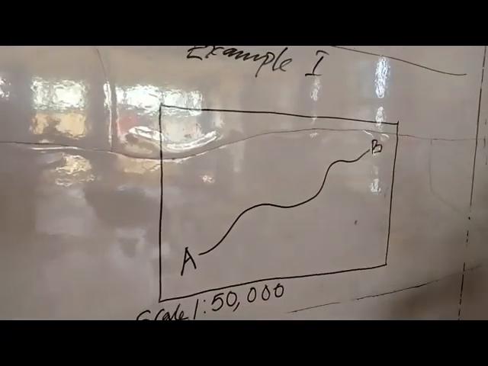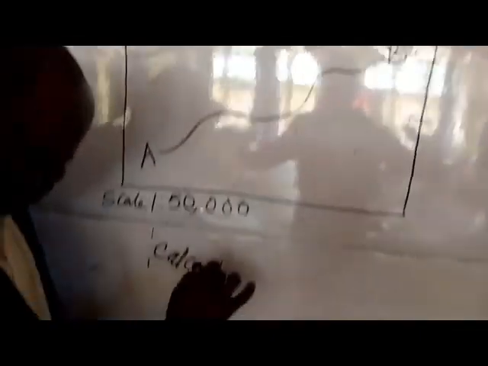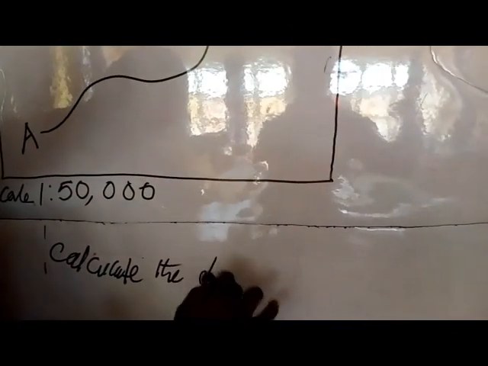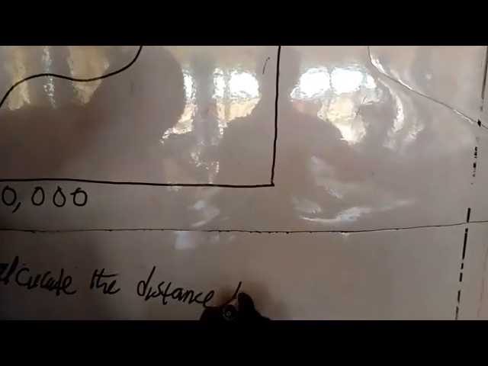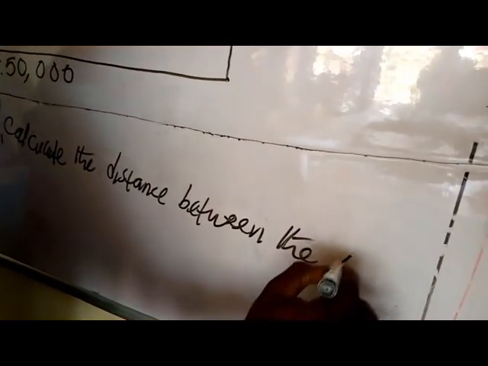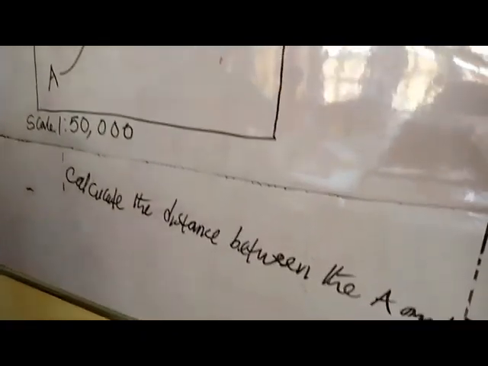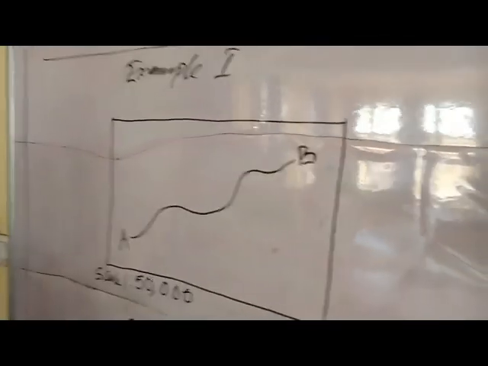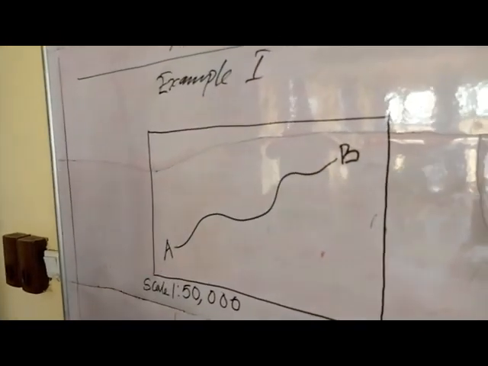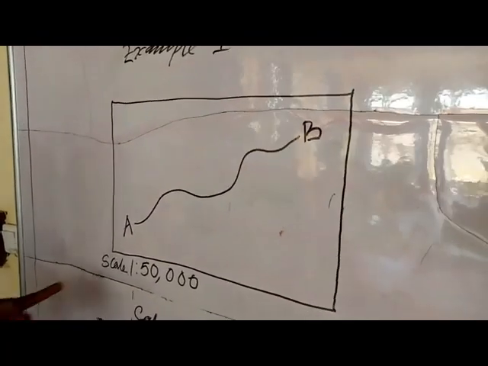For example, this chart we have on the board: if we are to calculate the distance between A and B, first and foremost, you need to understand what scale is.